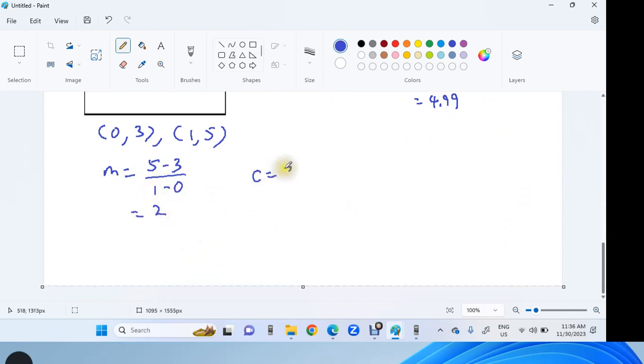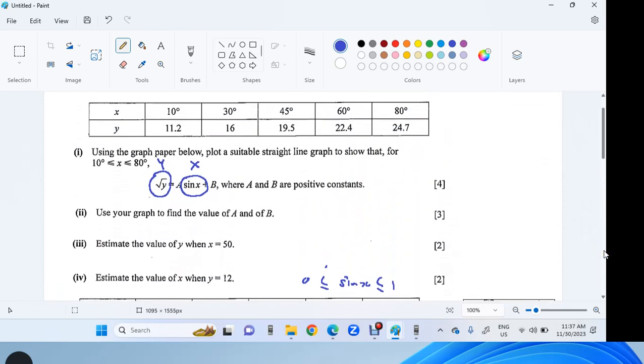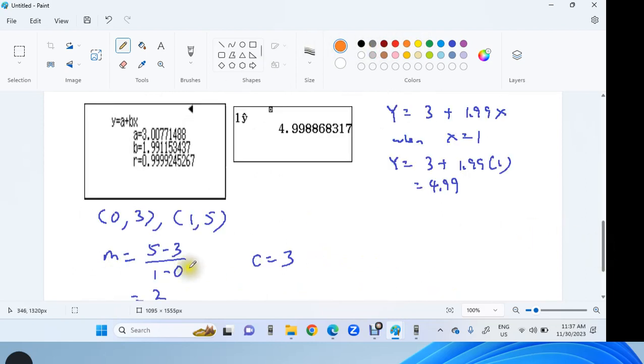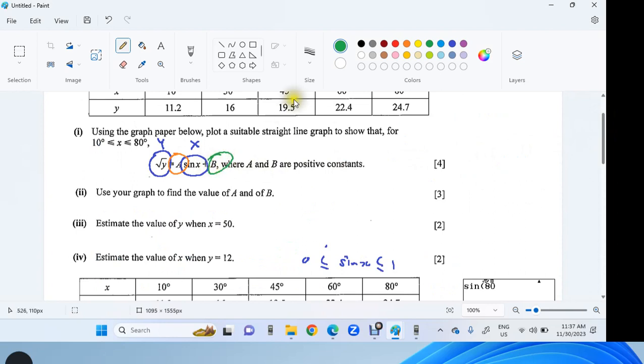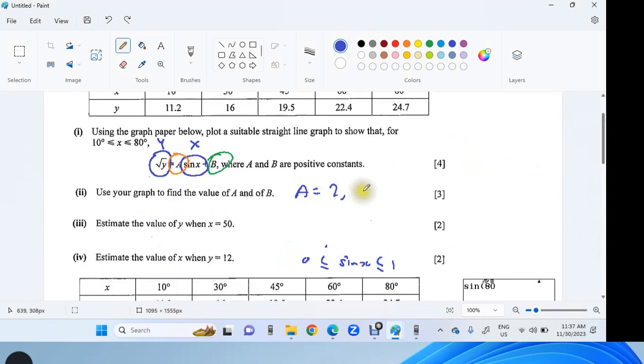And C is actually 3. Over here, the capital A is the gradient, and B is the y-intercept. So A is equal to the gradient, which is 2, and B is the y-intercept, 3.